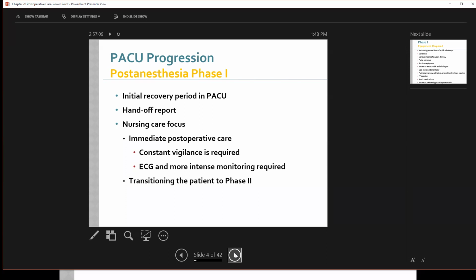The goal is to prepare the patient for phase 2 or an inpatient unit.